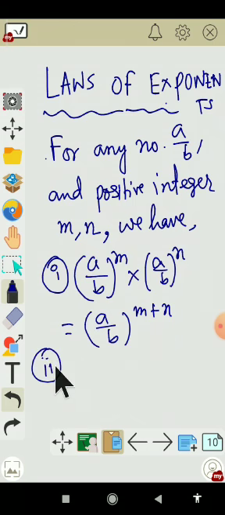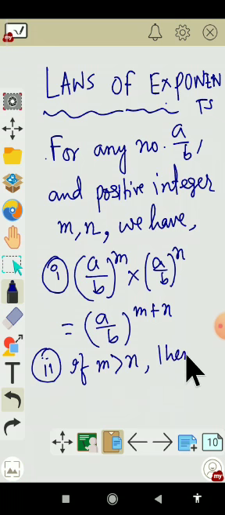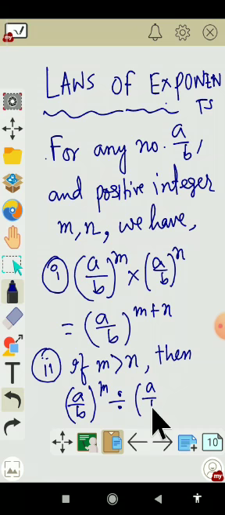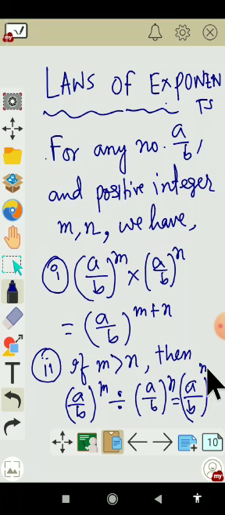Second, if m is greater than n, then a by b to the power m divided by a by b to the power n equals a by b to the power m minus n.